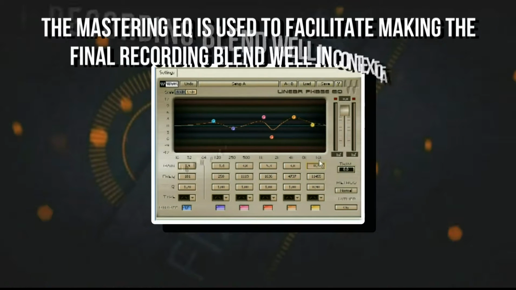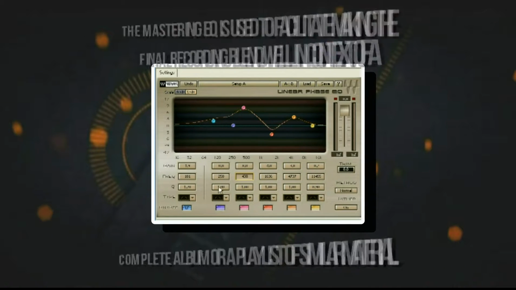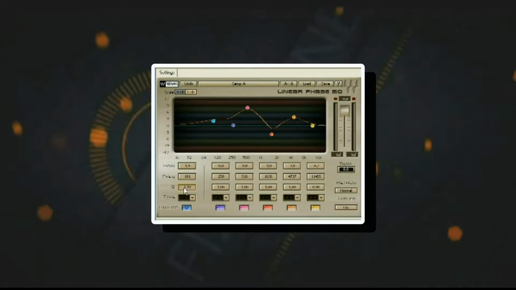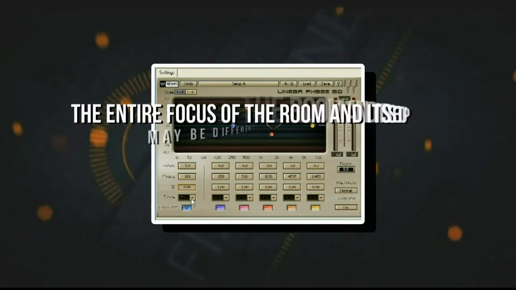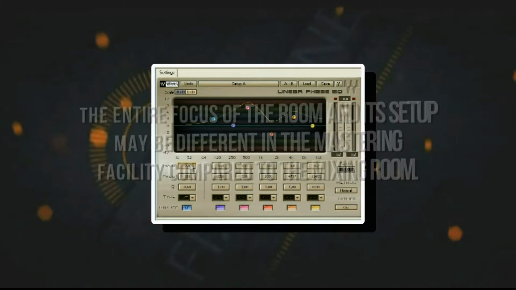But certainly that each song is expressing its full potential within the context of what the listener is going to be hearing. So whether it's a playlist or an album, whether you're only dealing with a single, that single does need to have a certain amount of balance in comparison to other things that would be listened to. So anyway, that certainly has an effect on what kind of tools are the best tools for mastering.